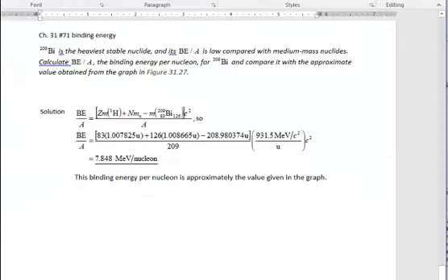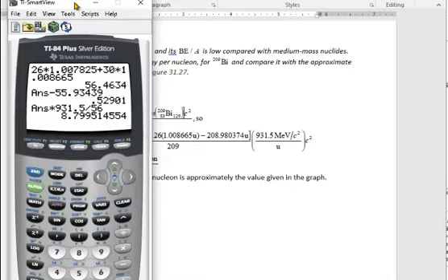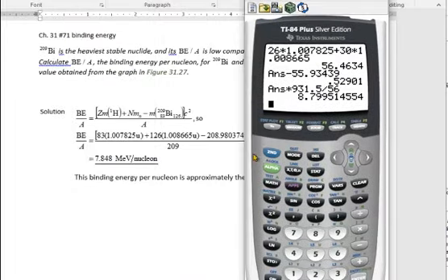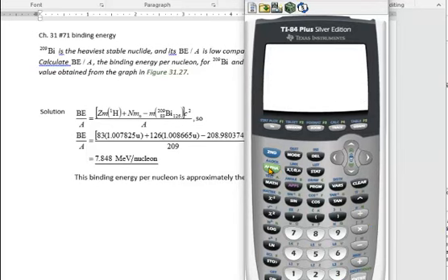All right, so here's already the solution for bismuth, and then I plug in numbers. I'm going to clear this one and go back a few steps so I don't have to type so much. There we go, that should work.